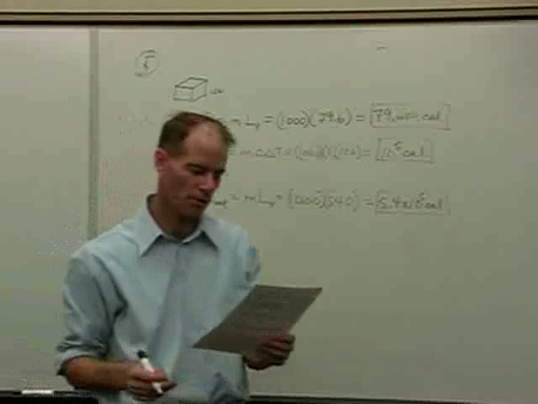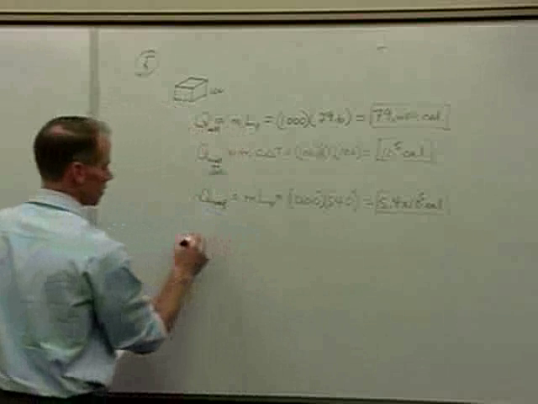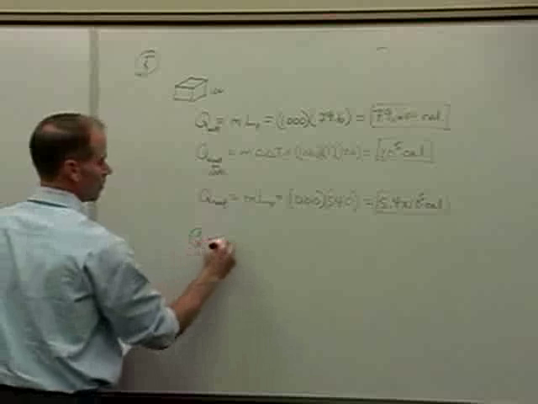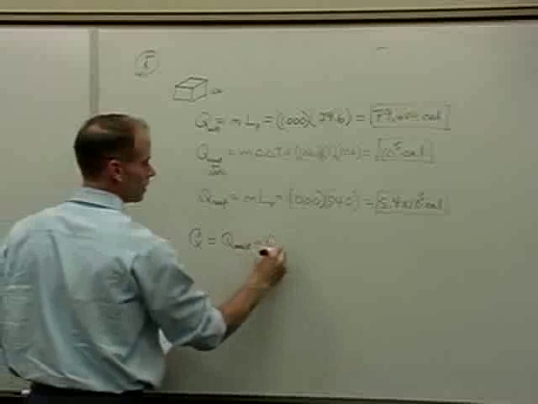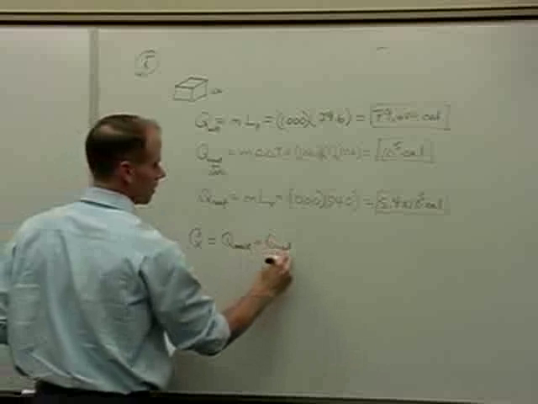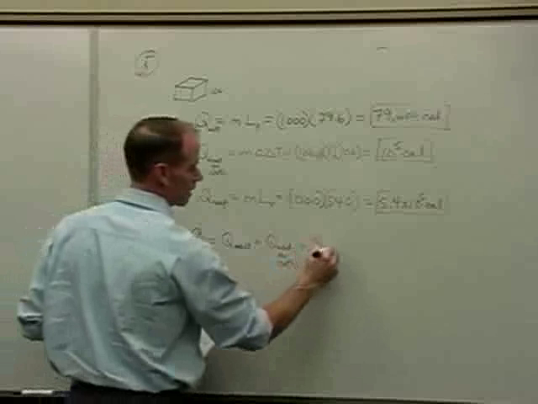If we add all three up together, we can get the total heat required. So our total heat is the heat to melt it, plus the heat to heat it to 100 degrees, plus the heat to make it into steam.